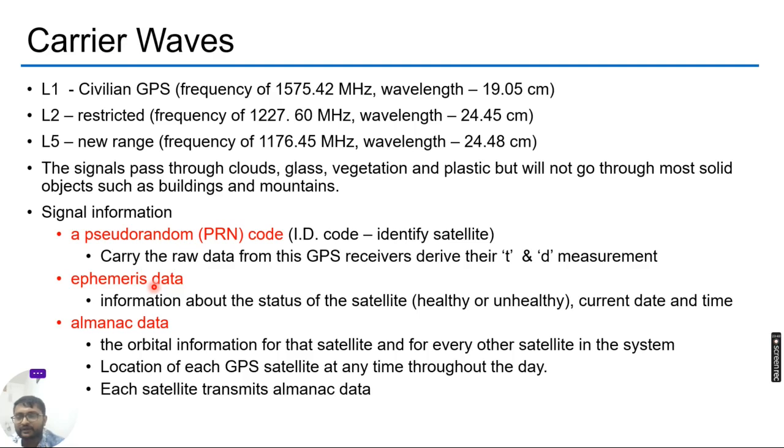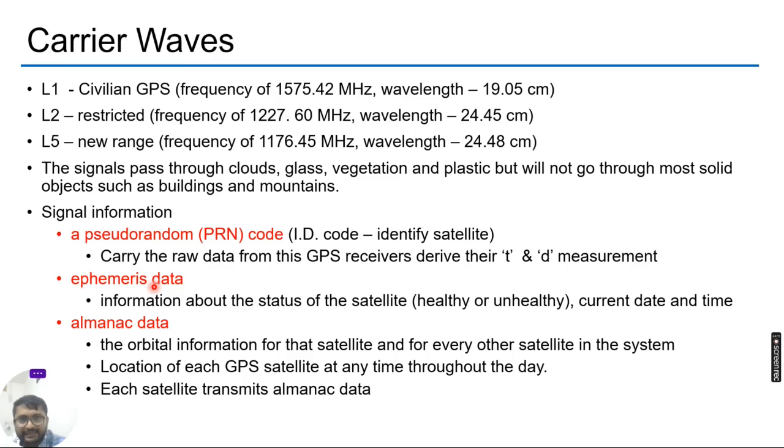So first, when we talk about the carrier waves, they are classified into three different types: L1, L2, and L5, depending on what frequency of GPS we are using. L1 is for civilian use, L2 is restricted for military purposes, and L5 is a new range which they introduced in recent years.